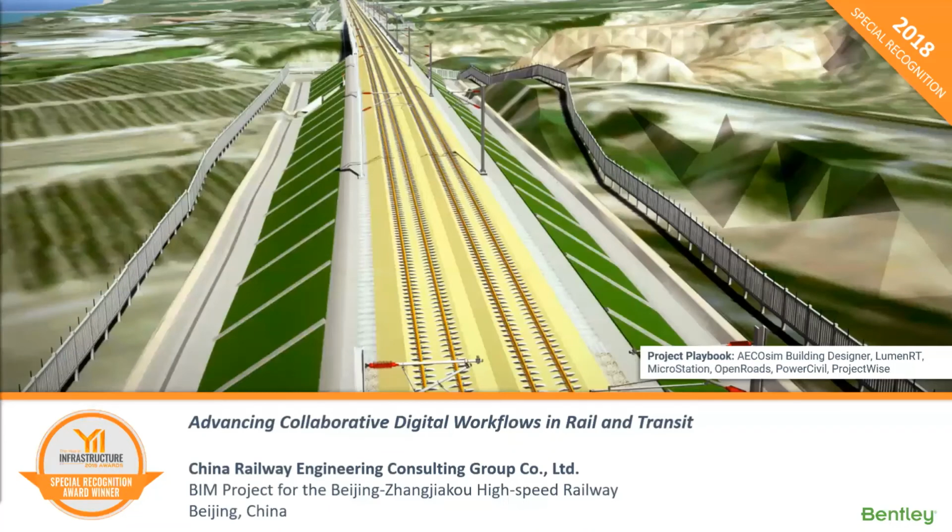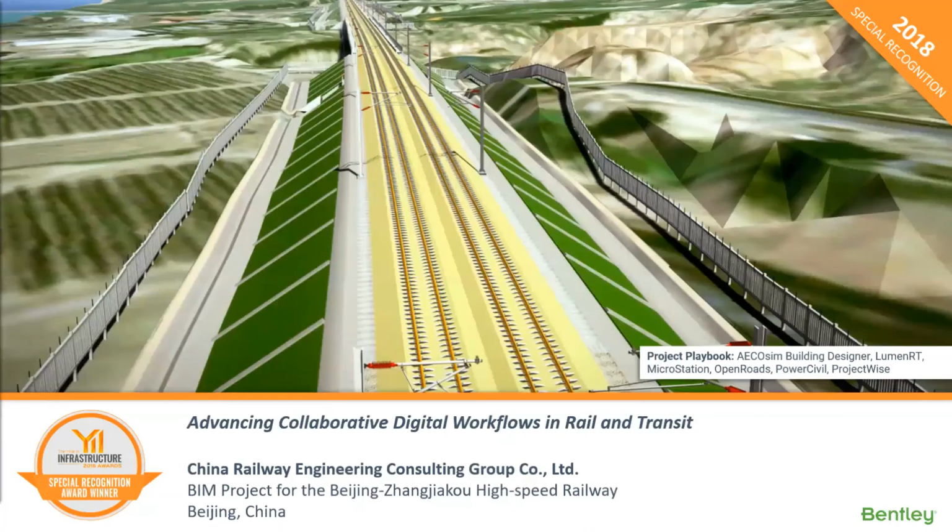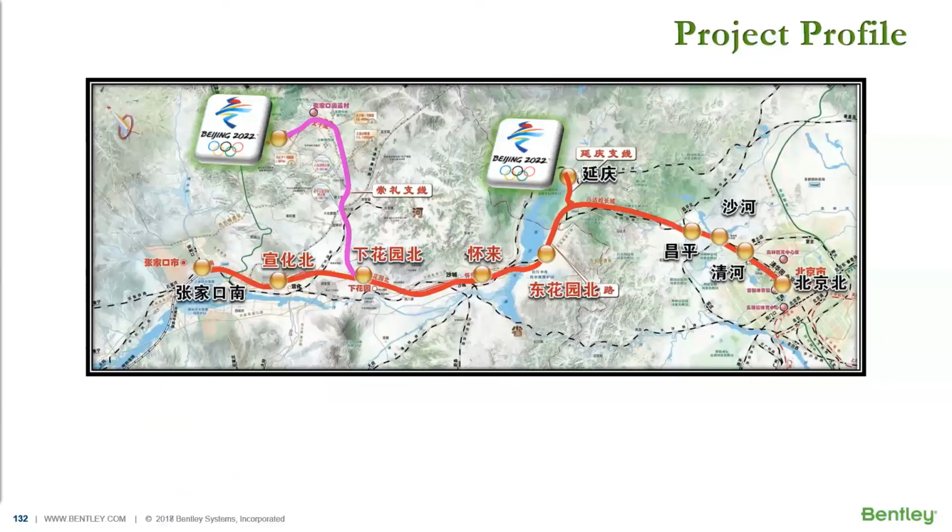Okay, so let's have a look. It's actually to cater to the Beijing 2022 Winter Olympics. Because the venues are very secluded, they needed to build a high-speed rail in order to connect all the event venues of the Beijing Winter Olympics.